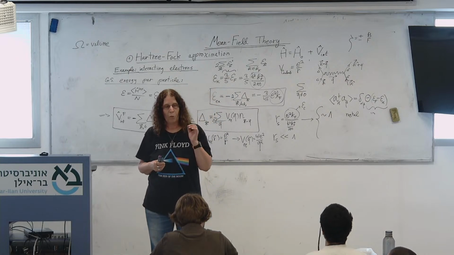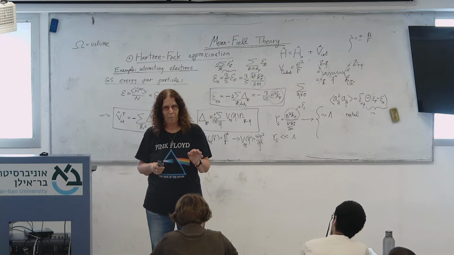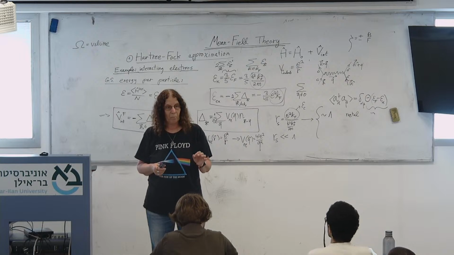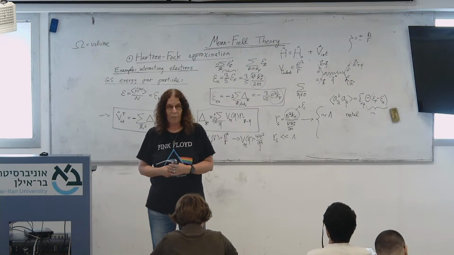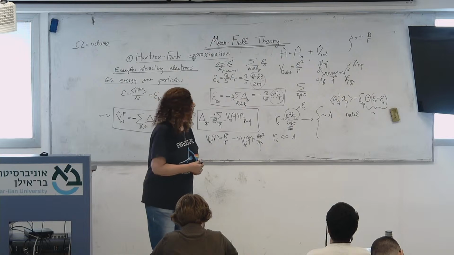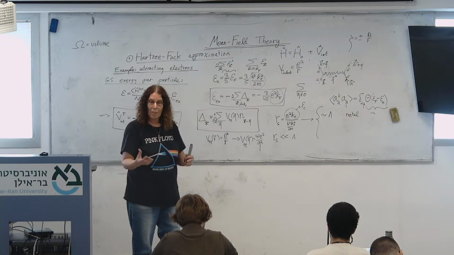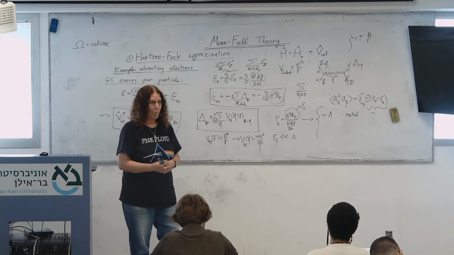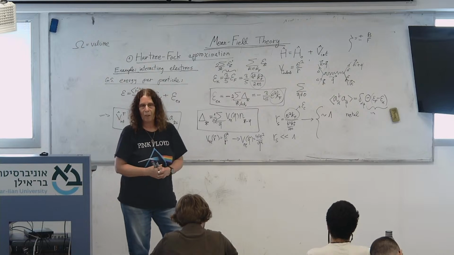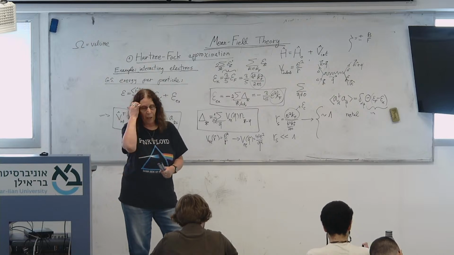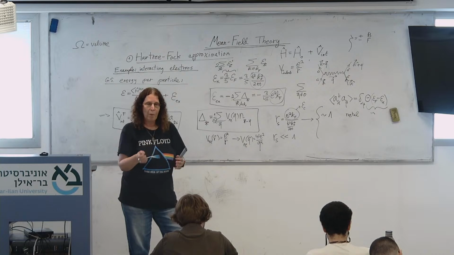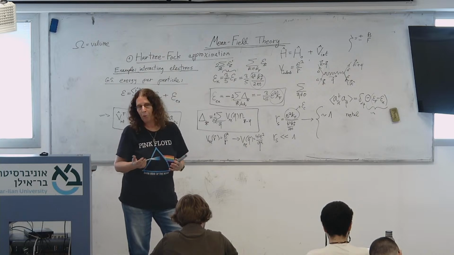If you throw a charge into a metal, a test charge, let's say positive, the metal is approximated by a free electron gas. So what happens to the other electrons? They are repelled from it.